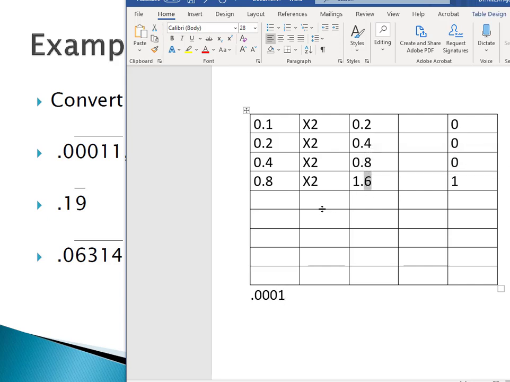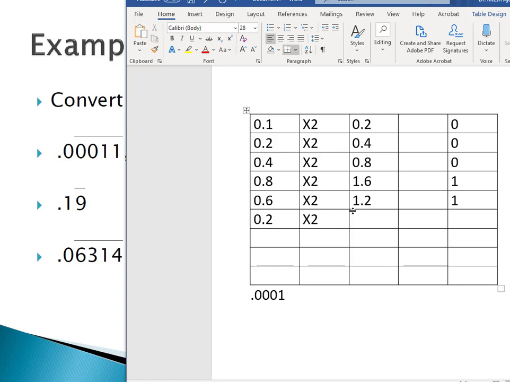Then we take the 6 out again, so it becomes 0.6. 0.6 multiplied by 2 is 1.2. Take out the 1, put the 0.2 here, again times 2.